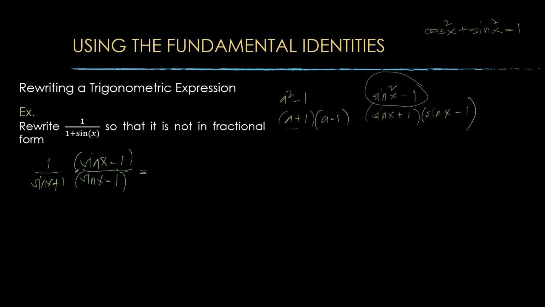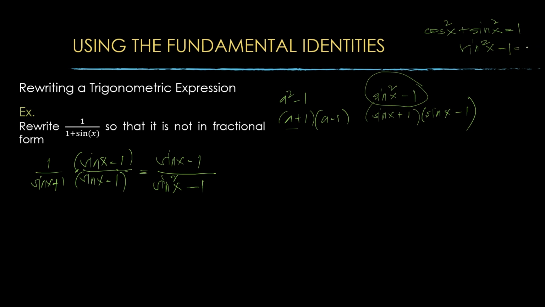So the numerator will become sine of x minus 1, because sine of x minus 1 times 1 is basically the same, over sine of x squared minus 1, and that is equal to what? If you transpose the 1 to the other side of the equation, you'll have sine of x squared minus 1 is equal to what?